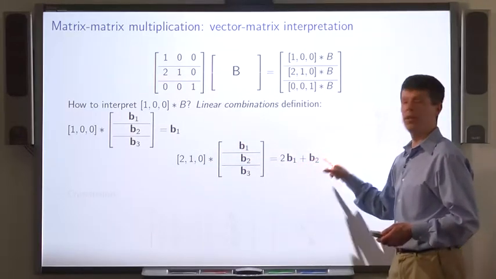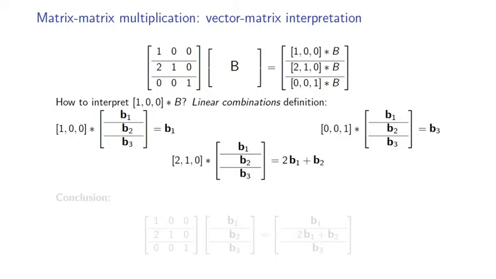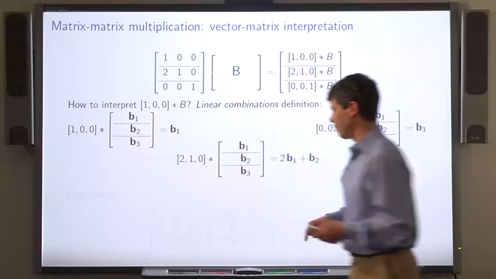So 2B1 plus B2. And the product 0, 0, 1 times the matrix picks out just the third row, B3.